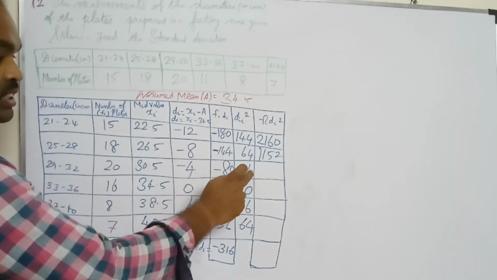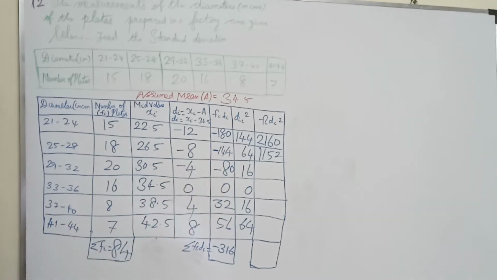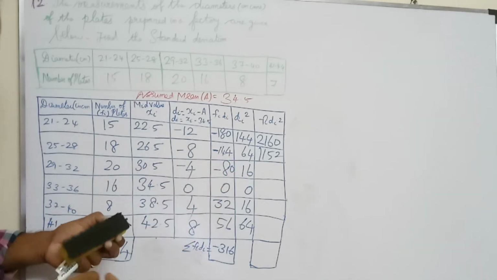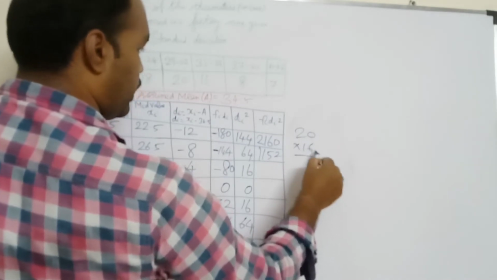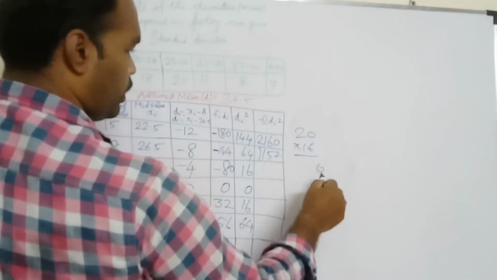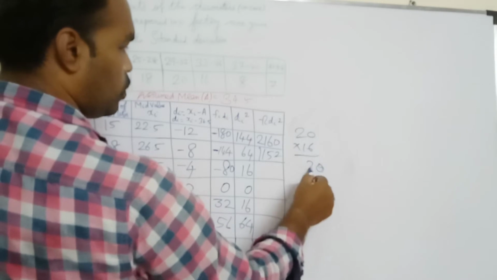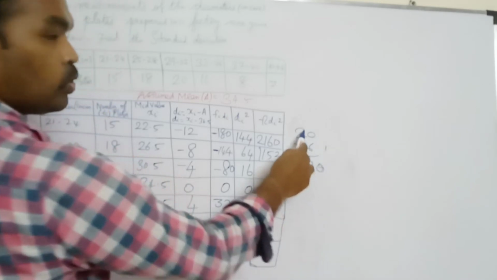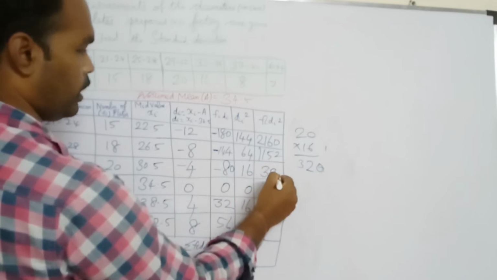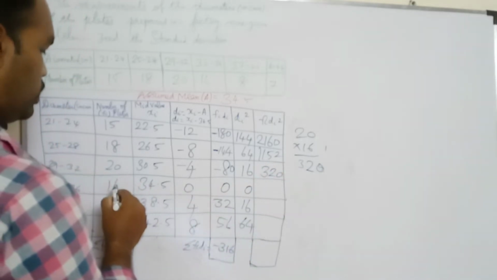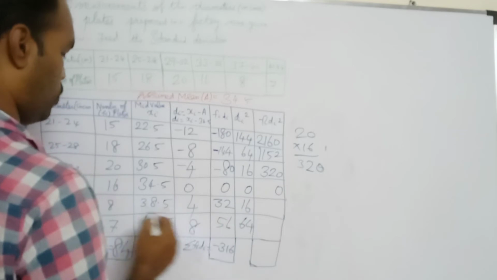Di square is 16. So, 20 into 16. How much? 6 into 0, 0. We can put it here. 6 into 2, 12. Balance 1. 2 ones are 2. 2 plus 1, 3. So, 320. The next one is 16 into 0, 0.